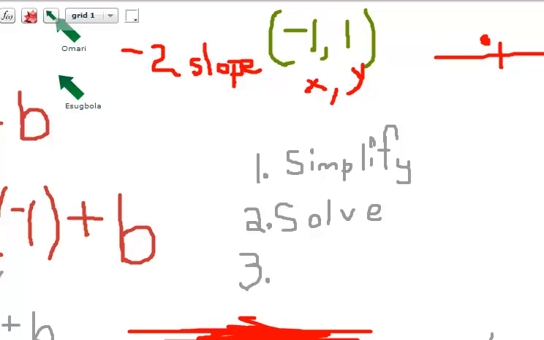Let's make sure everybody's clear about so far, okay? What we were able to do was put in 2x minus 1.